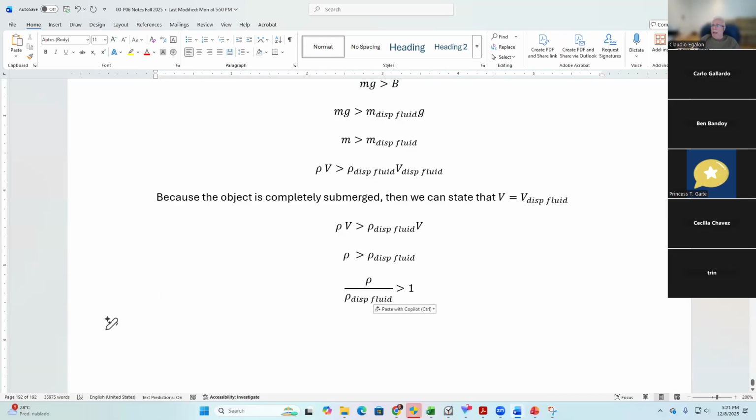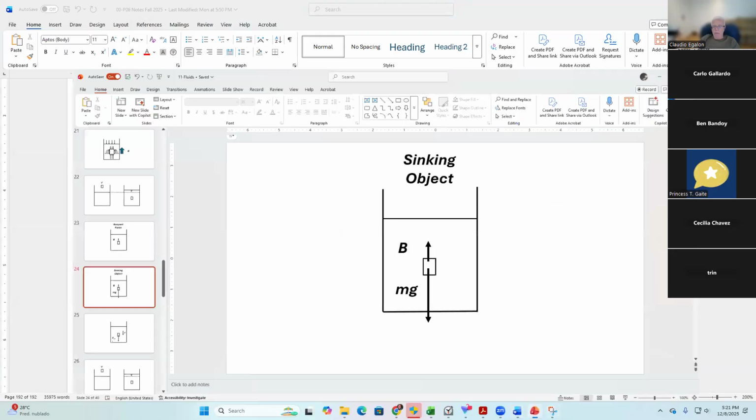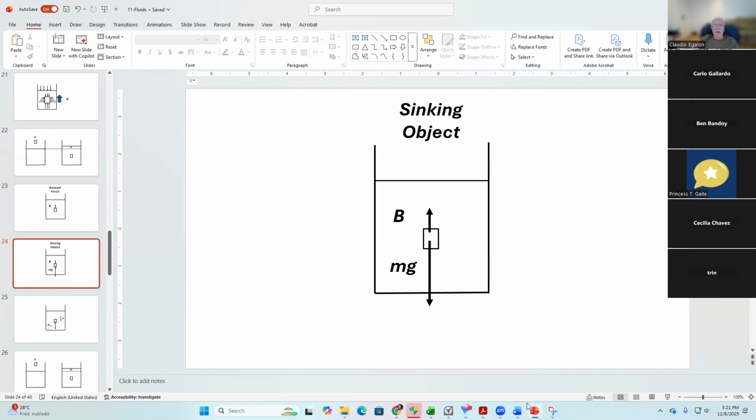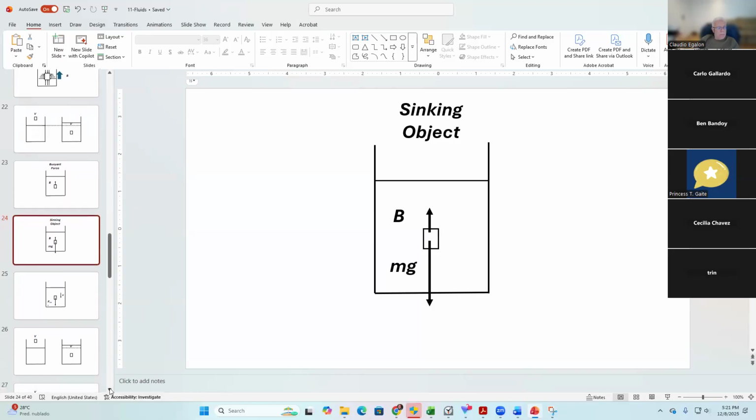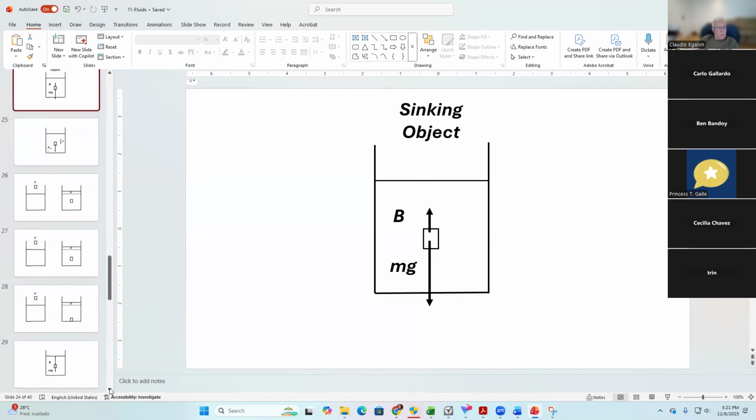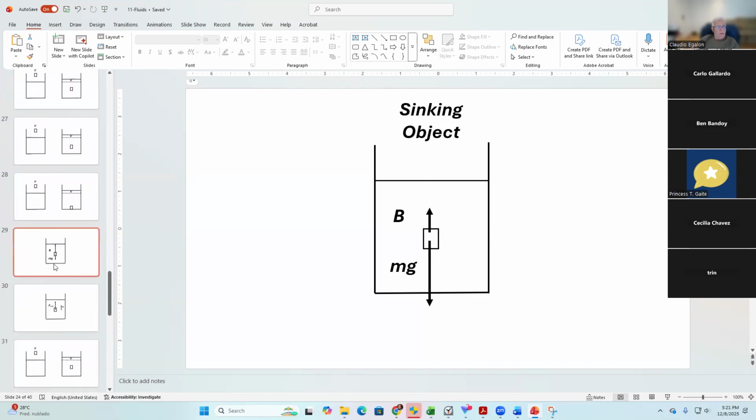And then we apply the same reasoning for the other situation. If this is the condition for a sinking object, this is going to be the condition for a floating object.